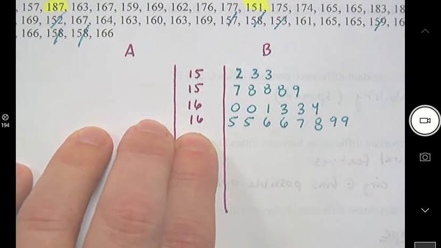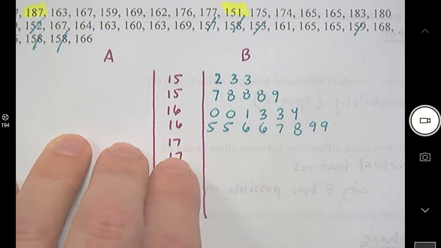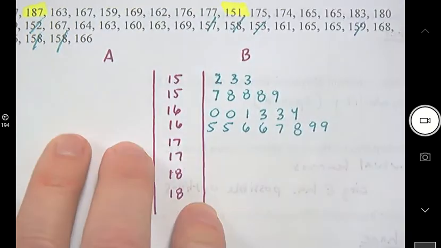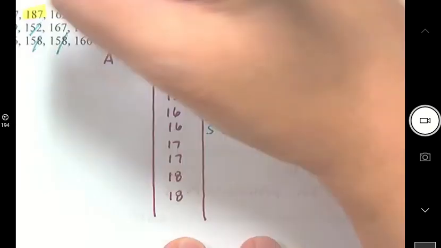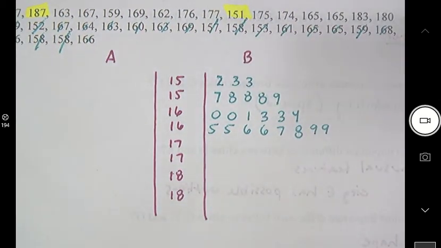If you can line up your numbers the best that you can, it'll be easier when you're asked to describe the shape. It'll be easier if you've stayed a little bit more organized. That athlete didn't have any numbers in the 170s or 180s, so those stems are just going to remain blank. I always like to go back and count and make sure that I've included all of the data values.